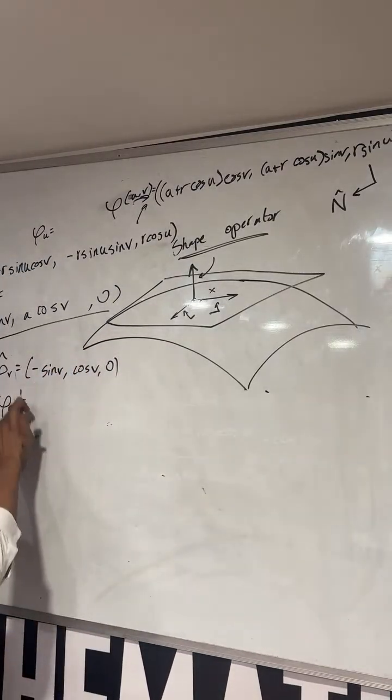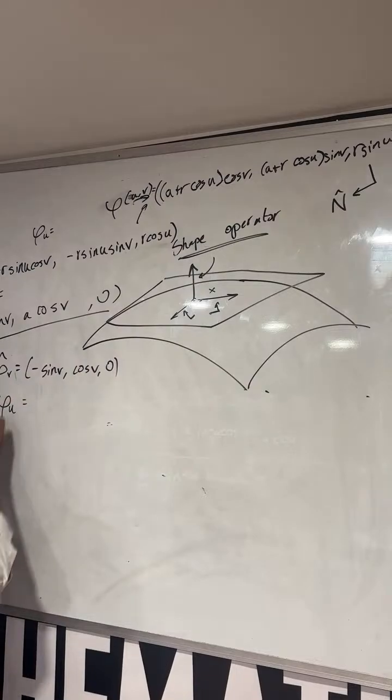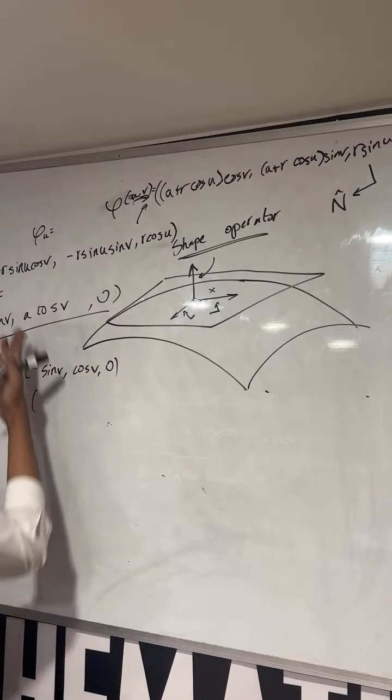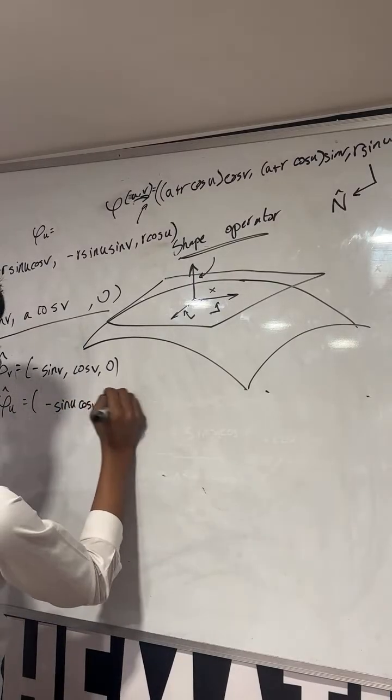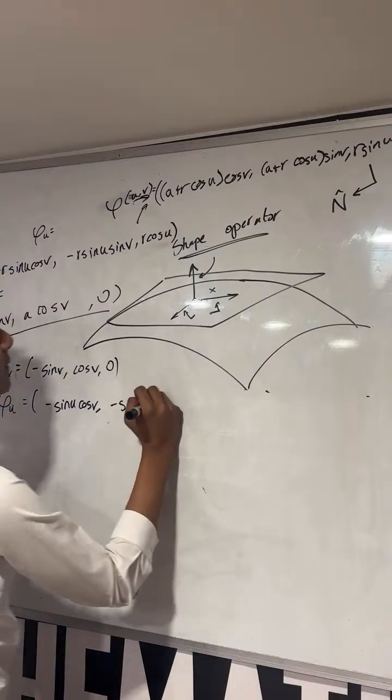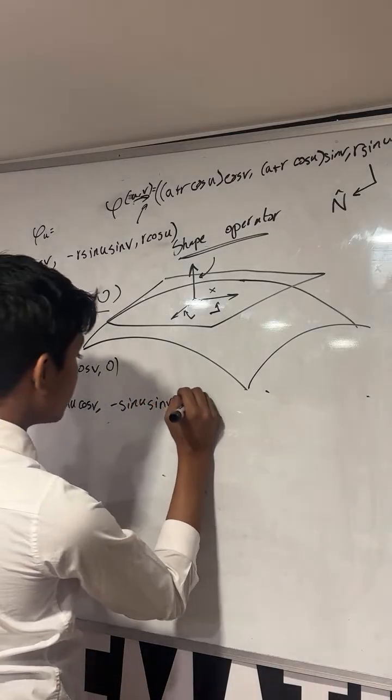Hence, the unit vector is just going to be everything but divided by r. So minus sine u cosine v, minus sine u sine v, cosine u.